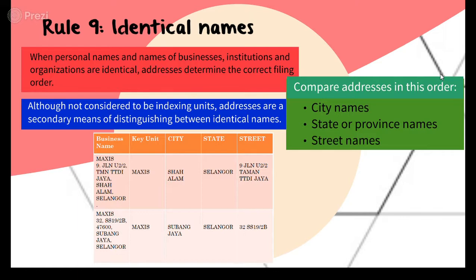You can see the example below. Compare addresses in this order: city names, state or province names, and street names.